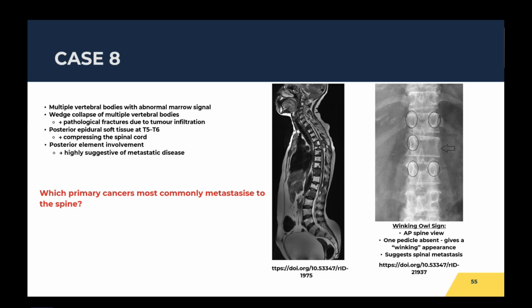So, last question. Which primary cancers most commonly metastasize to the spine?